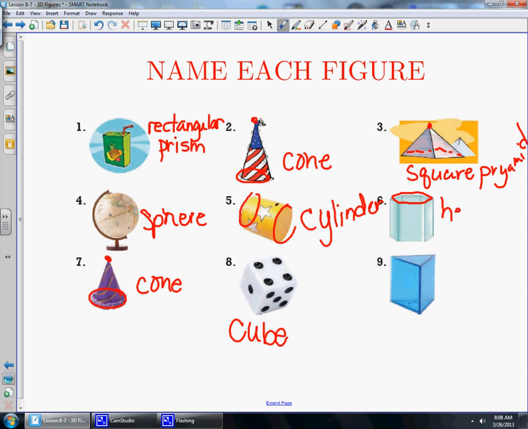So that's going to be a hexagonal. It's a 6-sided figure. It's connected by rectangles, so it is a prism. This has a triangular base. And it doesn't come to a point. It's connected by rectangles, so it would be called a prism.